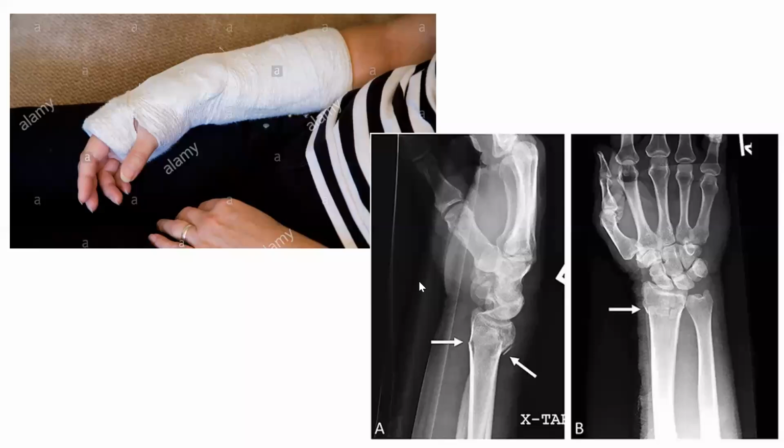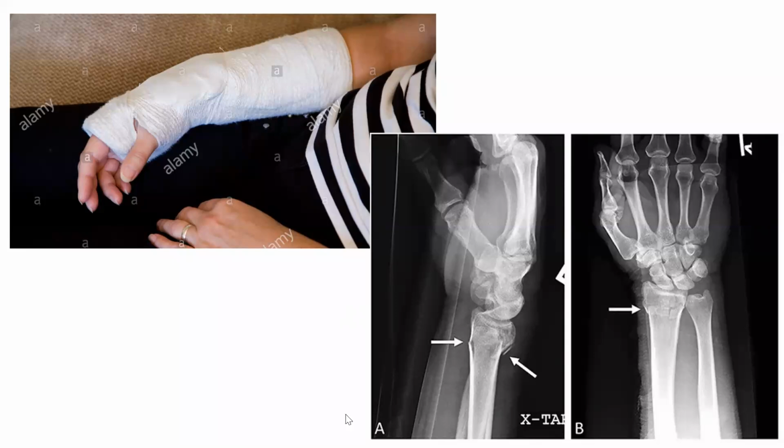Can you see on the dorsal side there's an overlap between the proximal and distal fragments? That means the distal fragment is driven into the proximal fragment, therefore there's some shortening also. So three basic features: shortening, dorsal angulation, and lateral deviation. This is called Colles fracture, one of the commonest fractures.